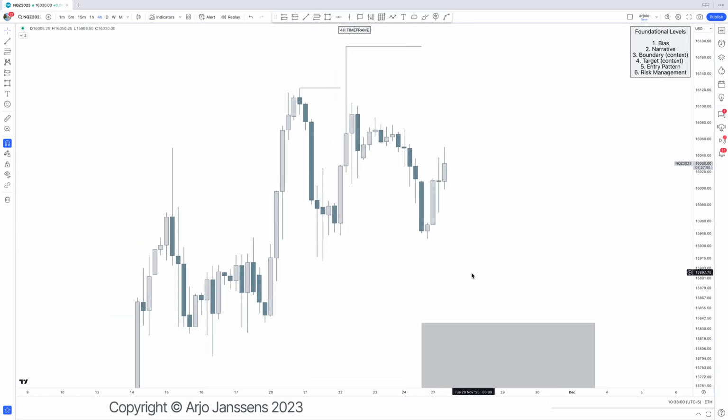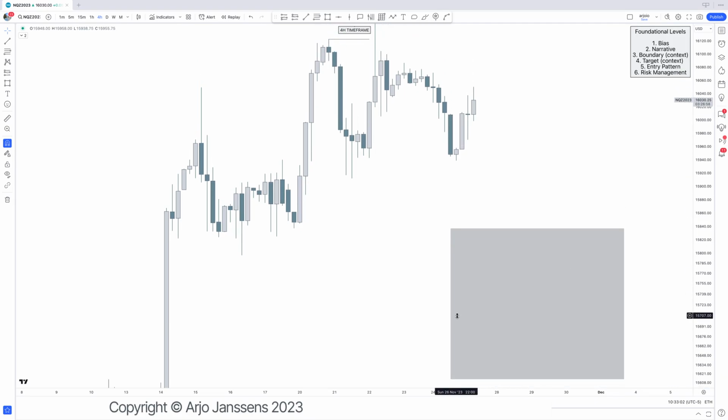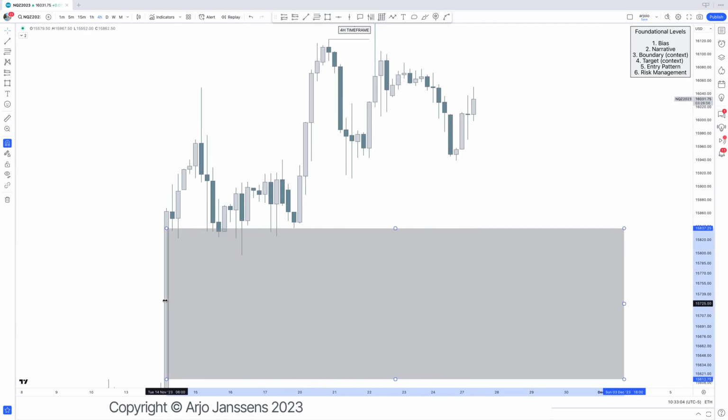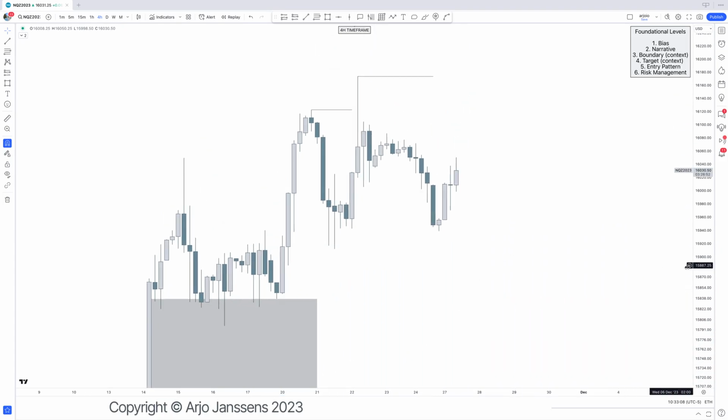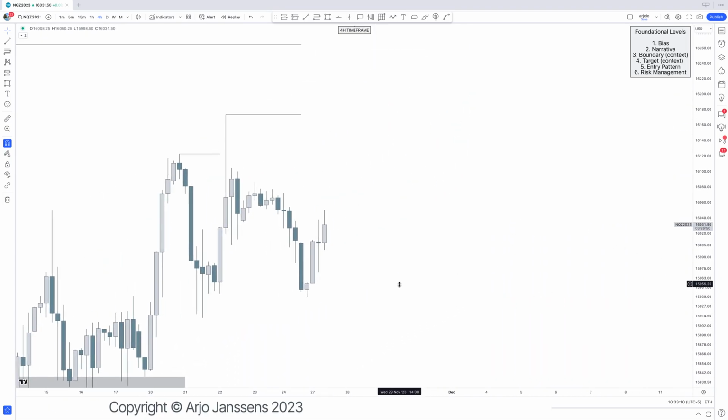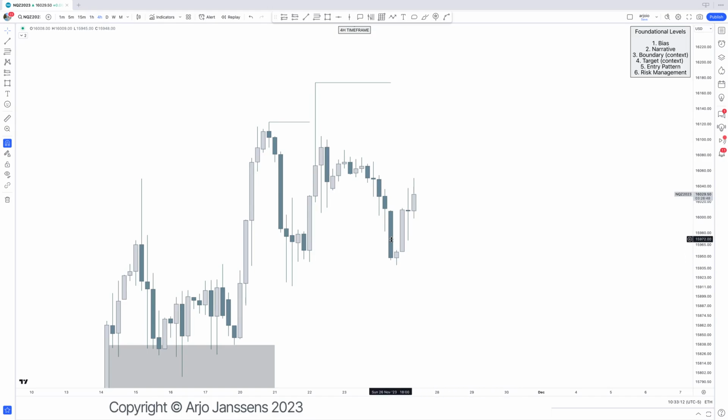So right here, it comes to reading the value gaps very, very carefully. We had the weekly value gap that we can potentially look to target right here, but we have this bearish 4 hour value gap, which we did not respect. We had a new bullish 4 hour value gap right there. So currently on the 4 hour, there's nothing super clear at this moment in time.